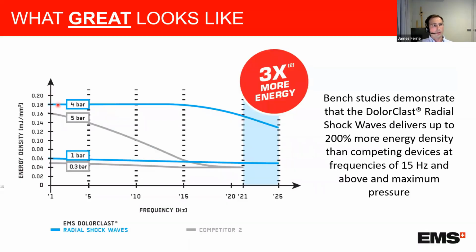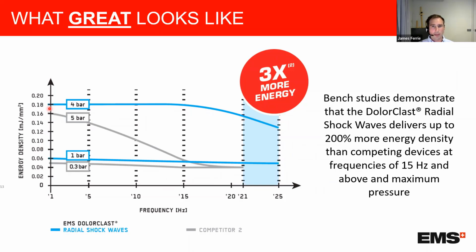If we have a look here, this is showing some of that benchmark. This is where I'm talking about laser, for example. If we have a specific wavelength of light, say 1064 nanometers, and we've got two lasers that both produce 10 watts of energy, that's an apples to apples comparison.